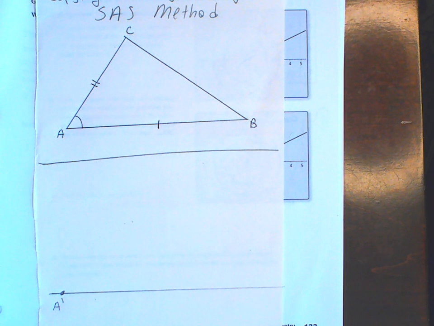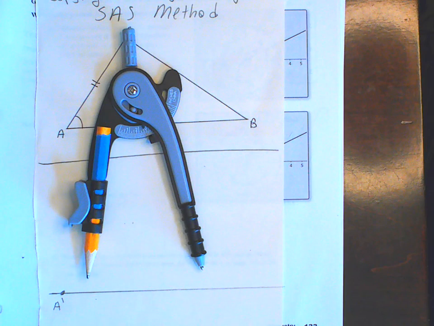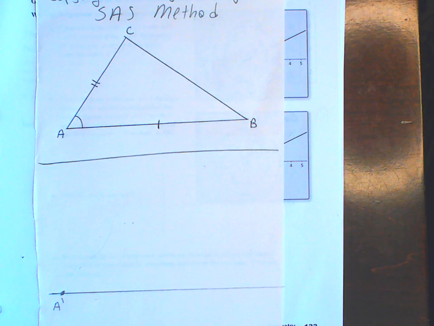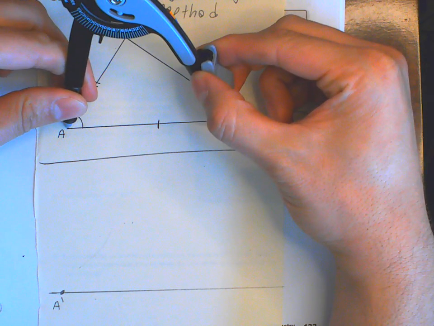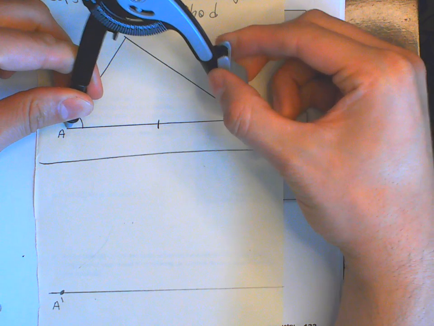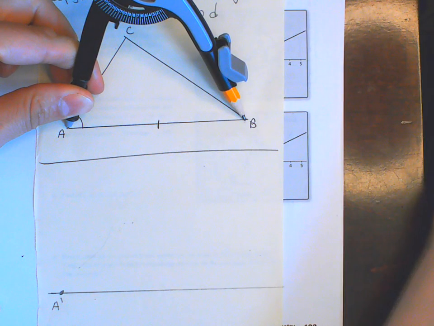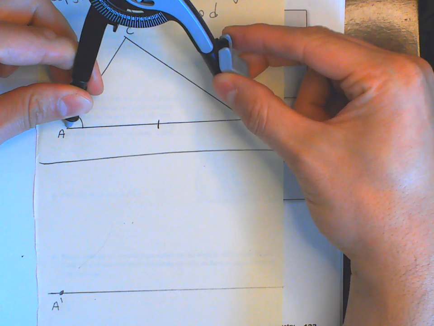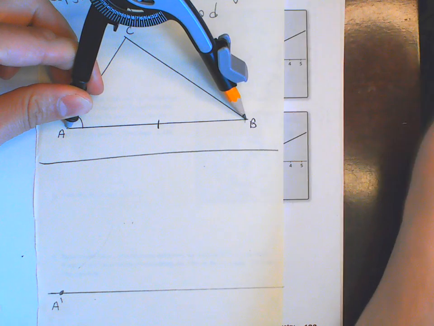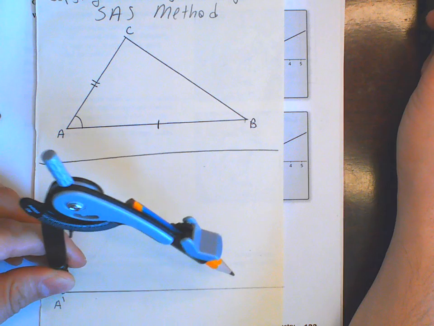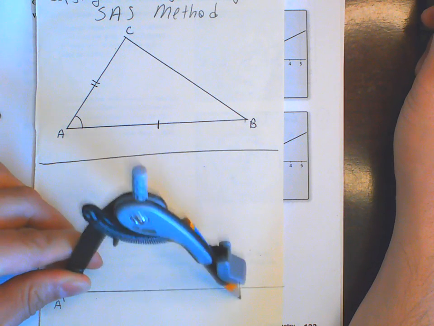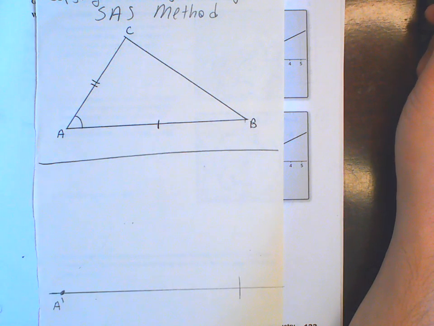So what you're going to do is use your compass, and measure the distance from A to B. I'm going to measure it from A to B, and it's about this much, probably a little more. Okay, so that's the distance from A to B. I'm going to pick it up, put it on A prime, and draw myself a little arc right there.